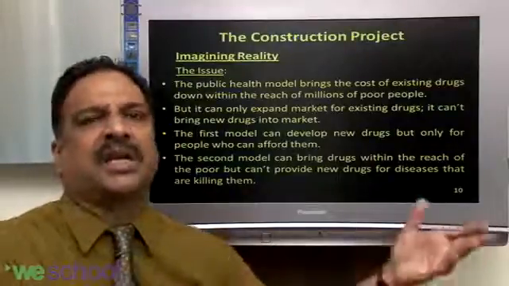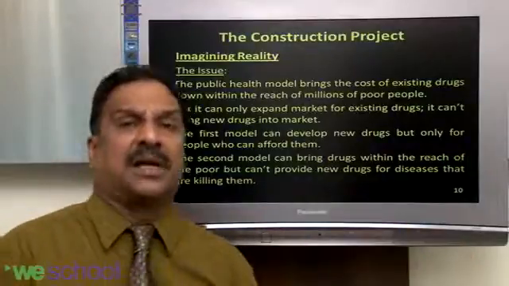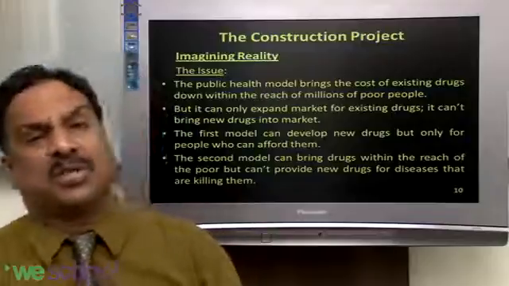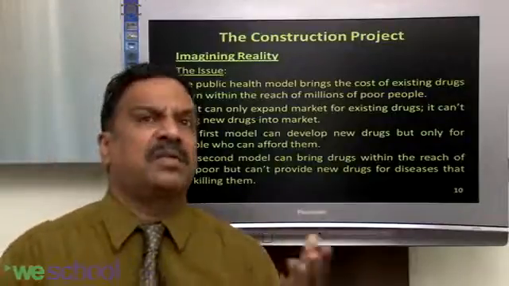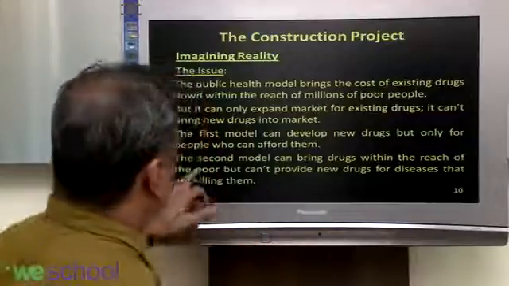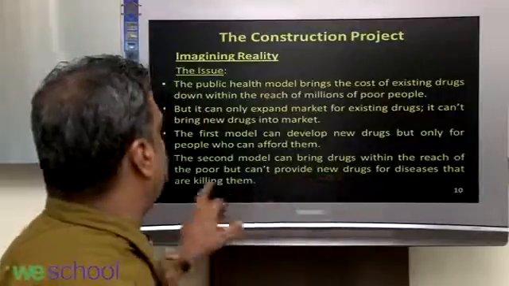Now I can keep on selling it. It's absolutely wafer-thin margin or no margin, or even less than that. We may be going on losses for a social cause, but then we won't be able to develop something new because there will be no profits, right? The second model can bring drugs within the reach of the poor but can't provide new drugs for diseases that are killing them.